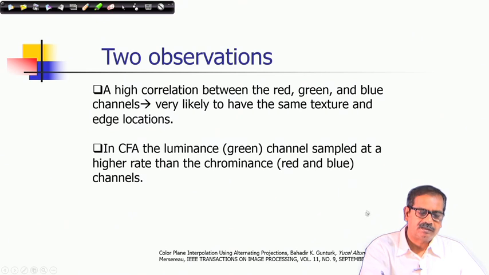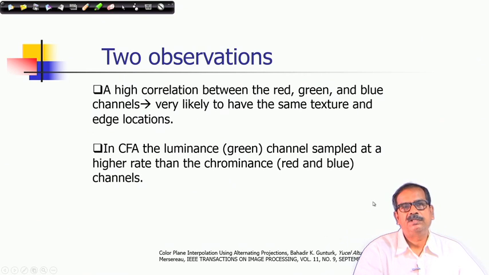The other observation from the CFA arrangement, which I mentioned in the previous lecture also, is that the green channel is sampled at a higher rate; in the Bayer pattern it is sampled at twice the rate of the red and blue channels. Usually the green channel is more akin to representing intensity values, and the chromatic information is more embedded in red and blue.